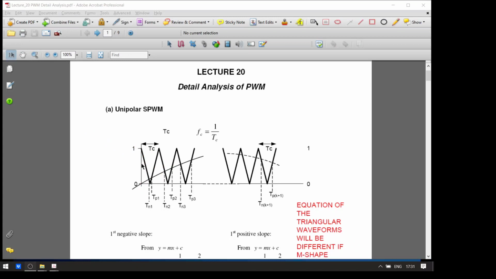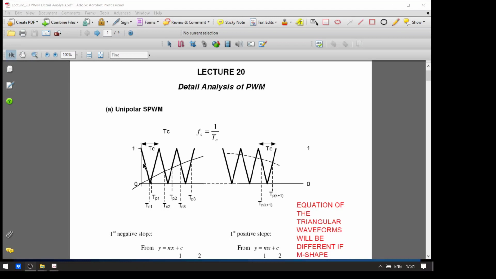Right, so it's simply the general straight line equation, whereby you have y equals mx plus c, that's it. We need to get what is the m, the slope, and what is the c, the intersection with the y axis.